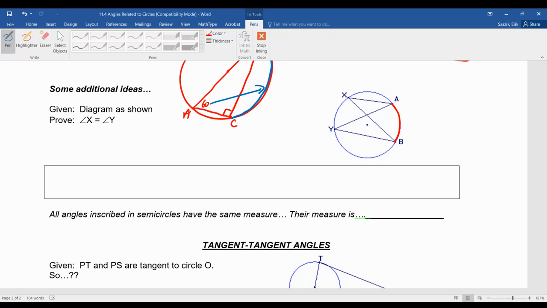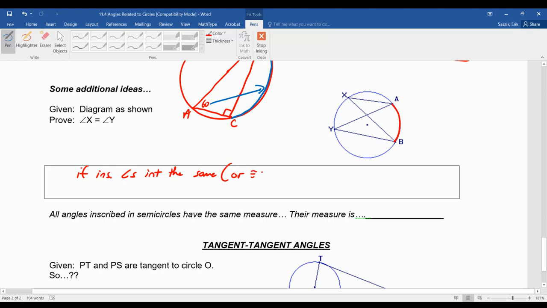Okay. So it does lead to a theorem: if inscribed angles intercept the same or congruent arc or arcs, then they are congruent.